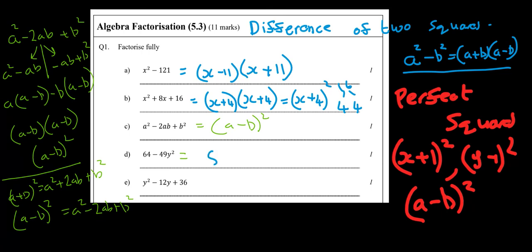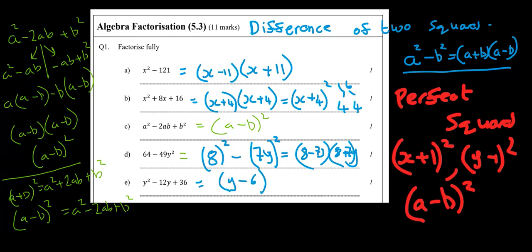If you need further convincing, we can factorize by grouping in pairs, and the factorization is this. But you should be able to recognize that this factorization is this.